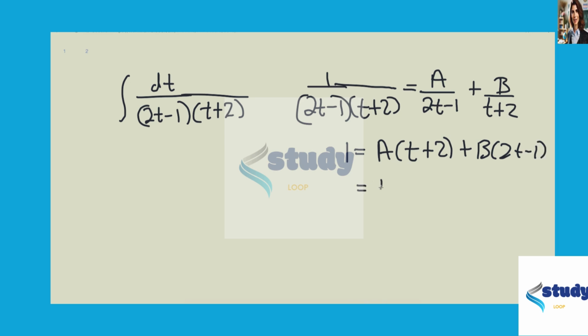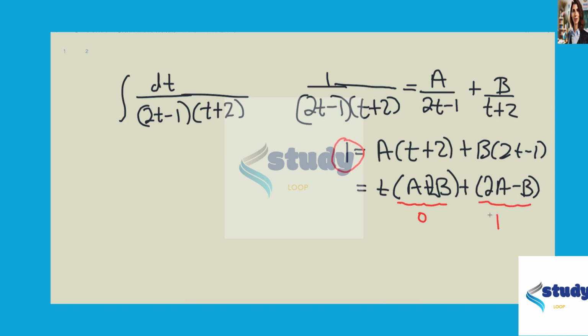And we could rewrite this right-hand side by factoring out a t. We get A plus 2B, and then 2A minus B. On the left, we see that there's no t, so we must have that A plus 2B is 0. On the left, the constant term is 1. So on the right, we must have 2A minus B is 1.